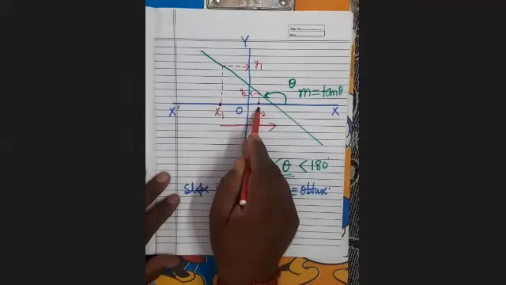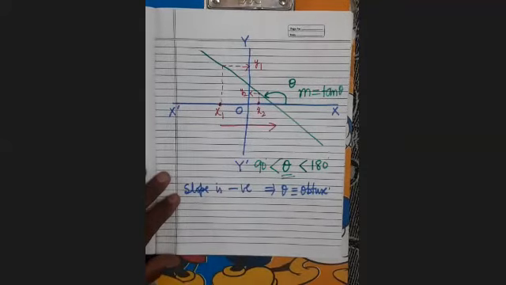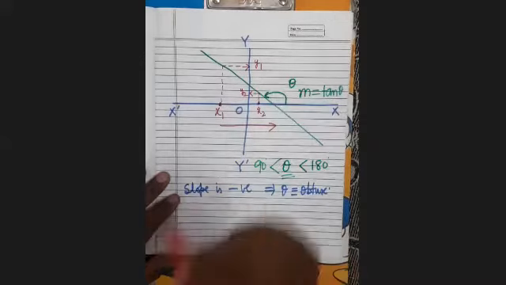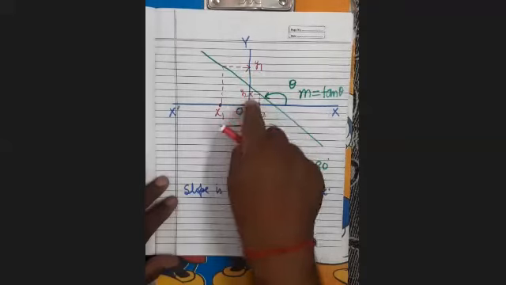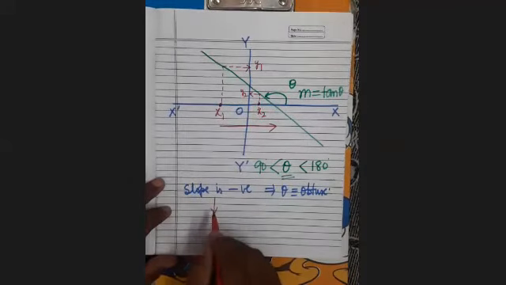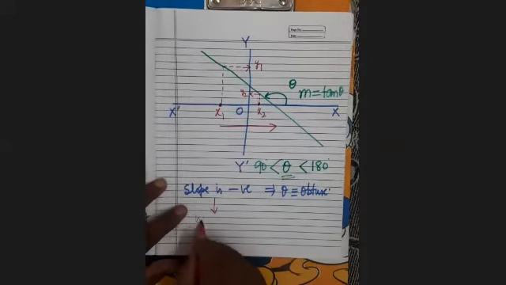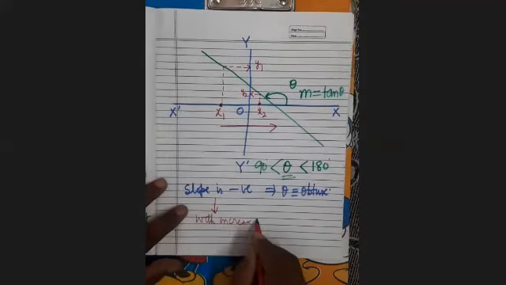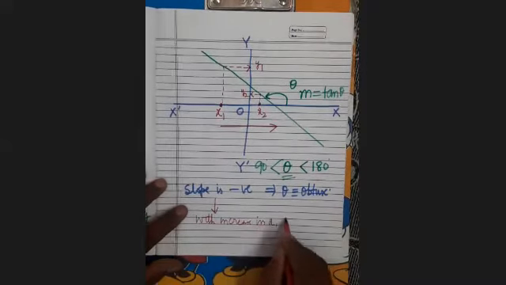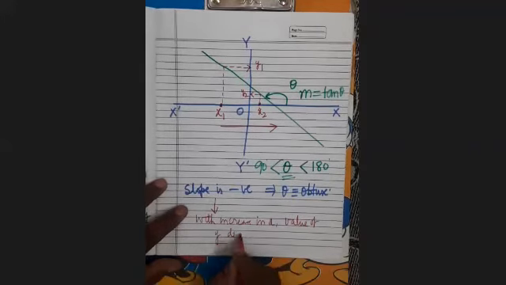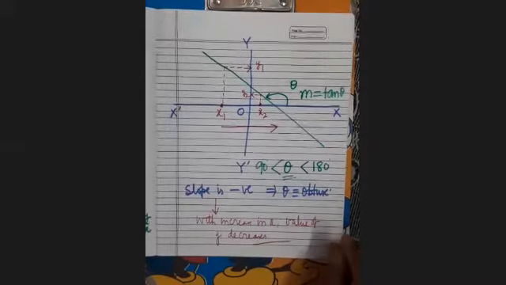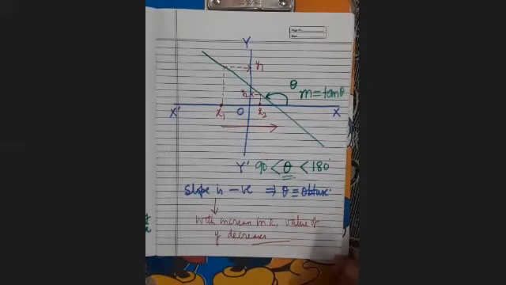But what happens in the value of y? y1 is bigger and y2 is smaller. Means x increases and y decreases. Means slope is negative, means with increase in x, the value of y decreases. Whether it is clear? Yes, sir.